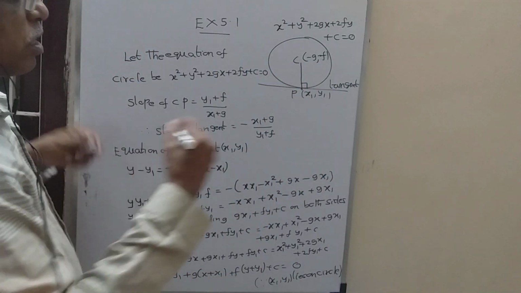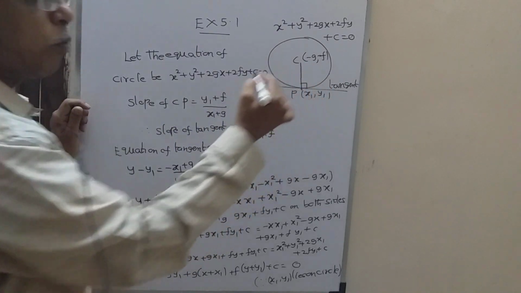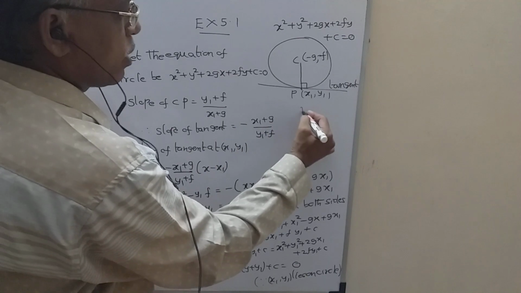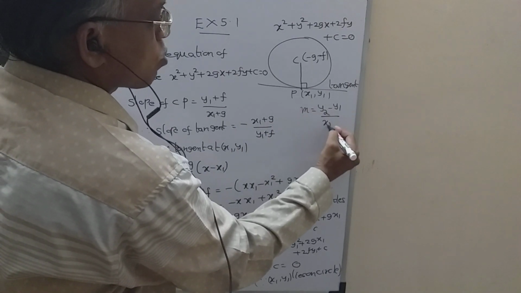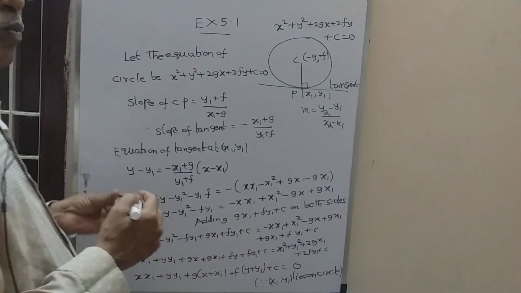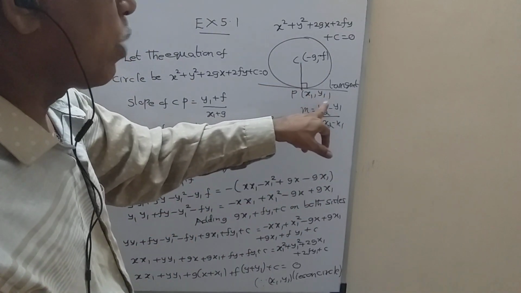Now, suppose I find the slope of this CP by using the two-point form, we studied this formula, students. m is equal to y2 minus y1 by x2 minus x1. This is x1 y1, this is x2 y2.